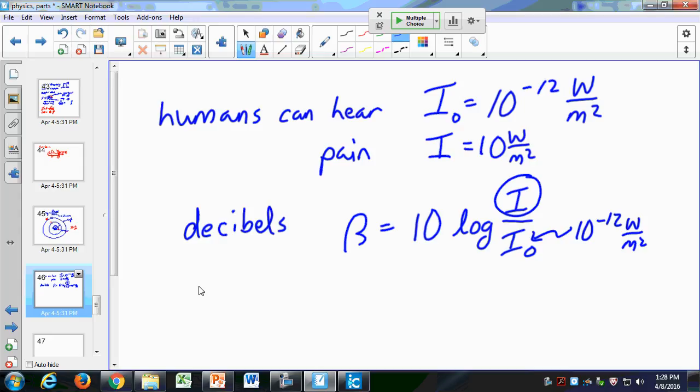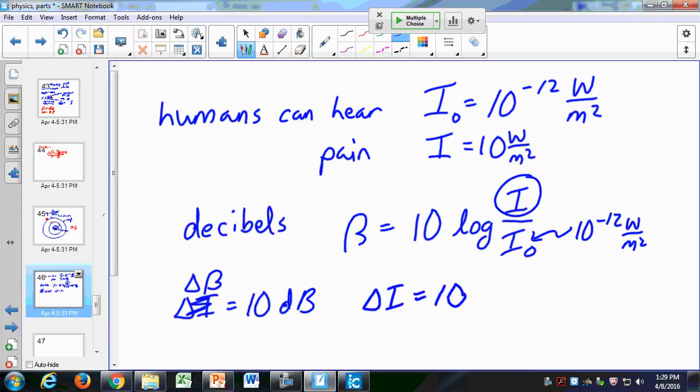So if I go from, say, 10 to 20 decibels, or if I have a change in my sound level of 10 dB, then that's going to correspond to a change in intensity of 10 watts per square meter.